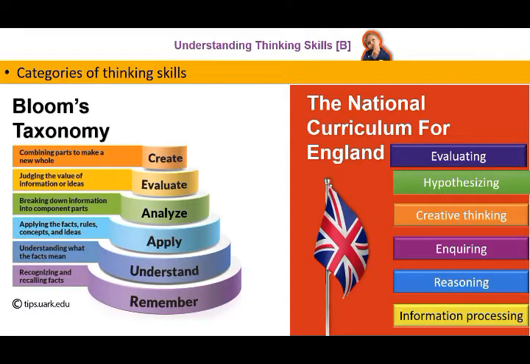Hypothesizing is like a question, what would happen if, which is not in Bloom's taxonomy.